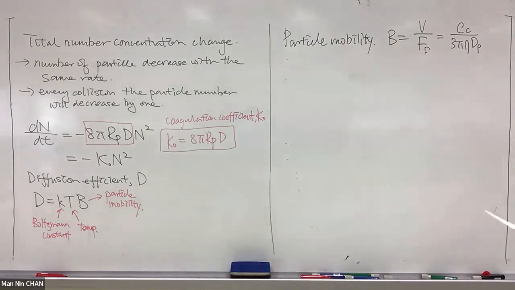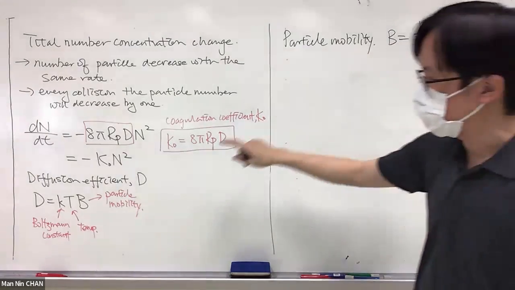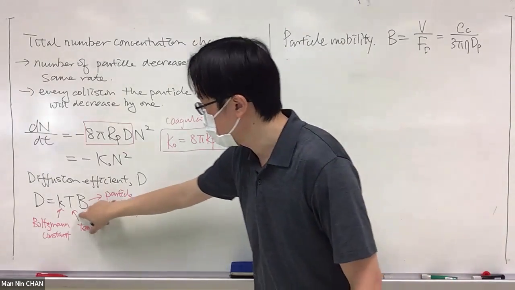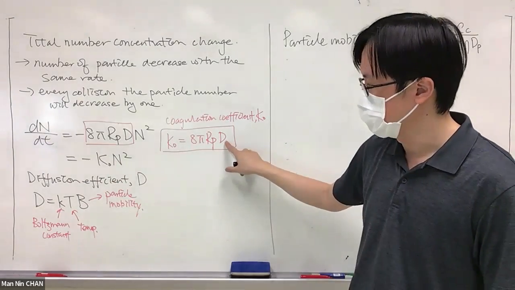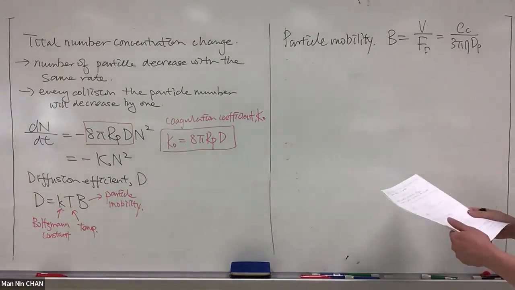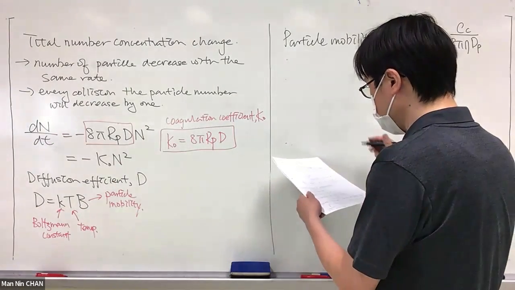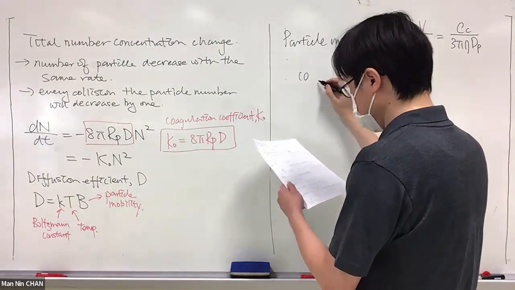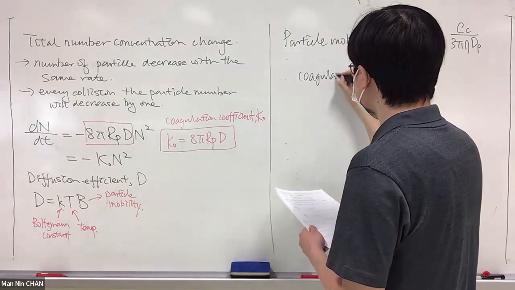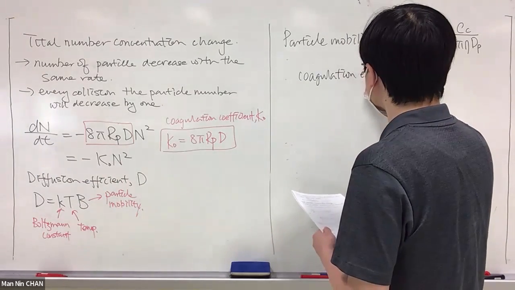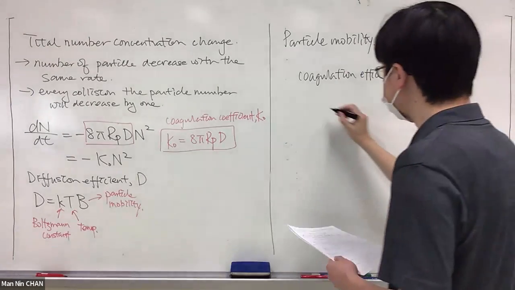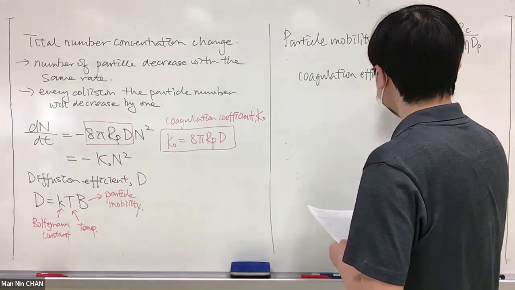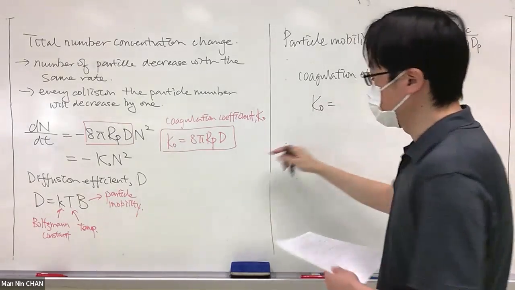So now if you substitute this information back into these terms, and then you can also put this into this term here, then you can calculate your coagulation coefficient.